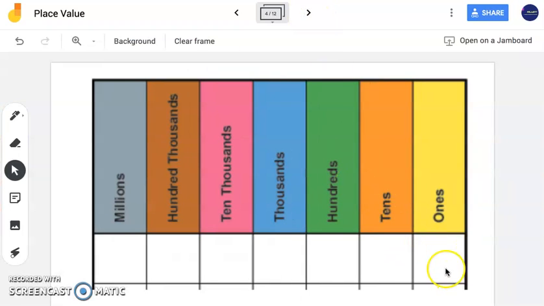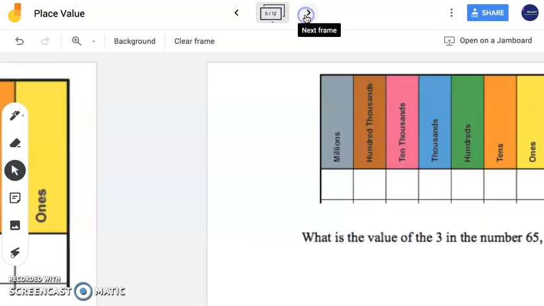Now here's another place value chart that in fact I do want to use today to help me with this. And notice again I have my ones, tens, hundreds, thousands, 10,000s, 100,000s, and then my millions. And I'm going to use this today to help me in making sure I have my digits in the correct order.